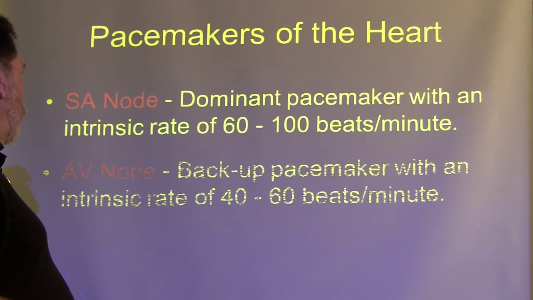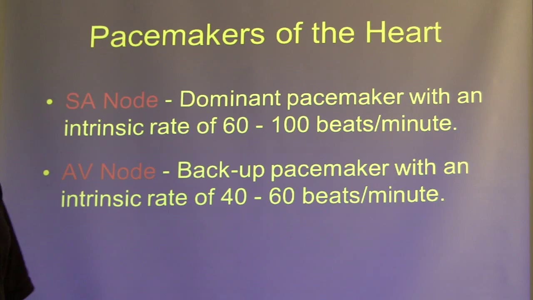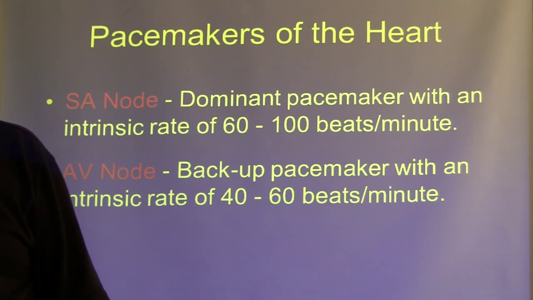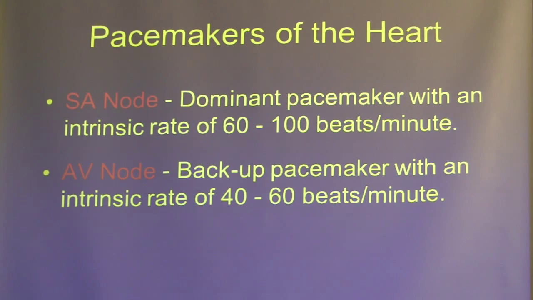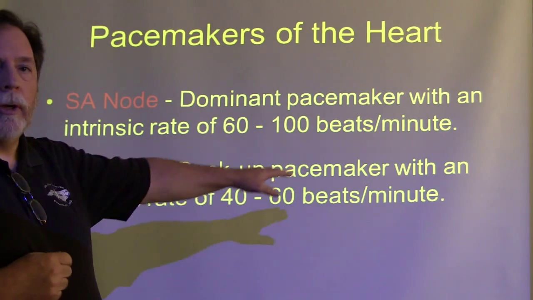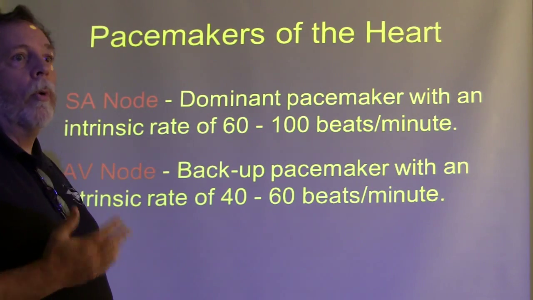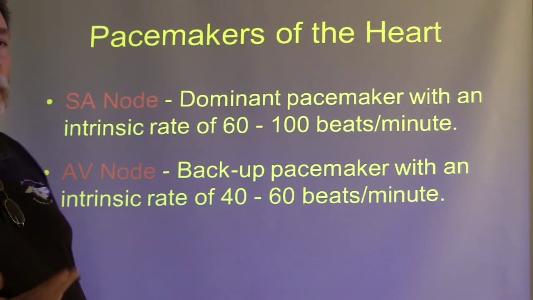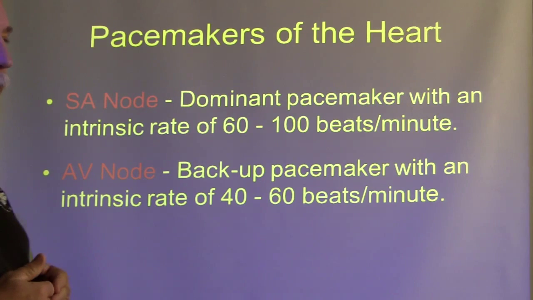So it's considered the dominant pacemaker. But what if the SA node were to fail? It quit working. Does that mean you die? No, it doesn't mean that you'll die. What it means is the AV node will then kick in and do the pacing itself. And it does a pretty good job of that. The problem is it runs at a lower rate. The normal rate, if the AV node ends up as backup pacemaker, is between 40 and 60 beats per minute.